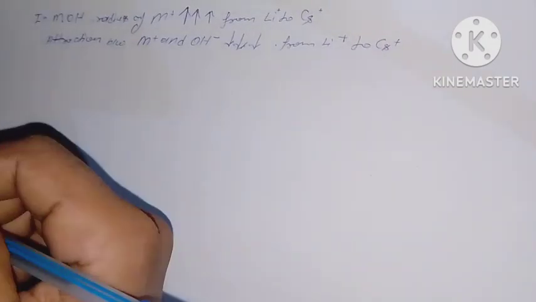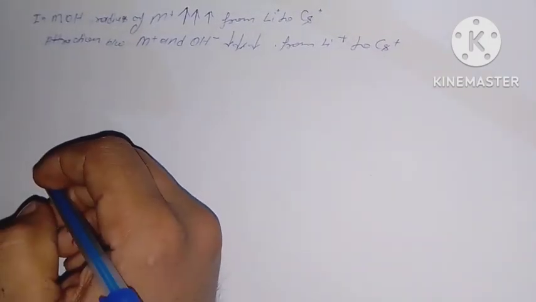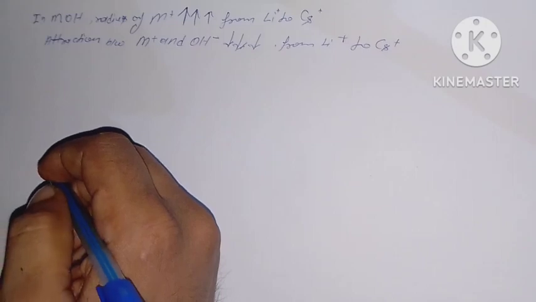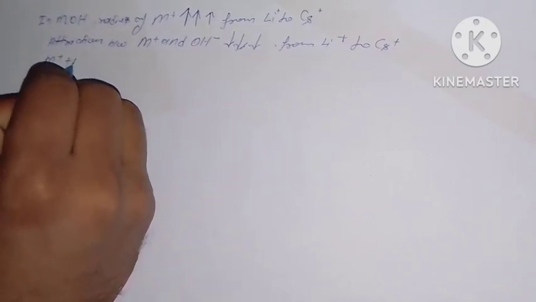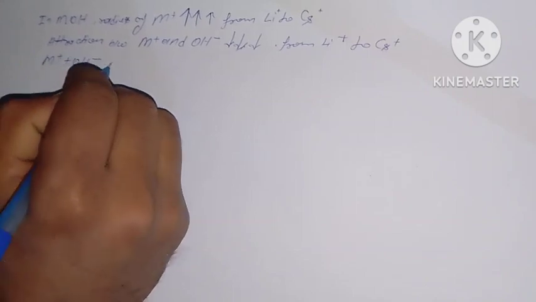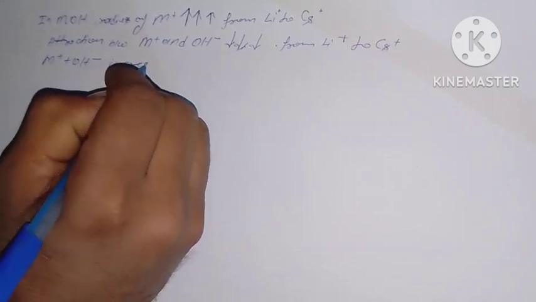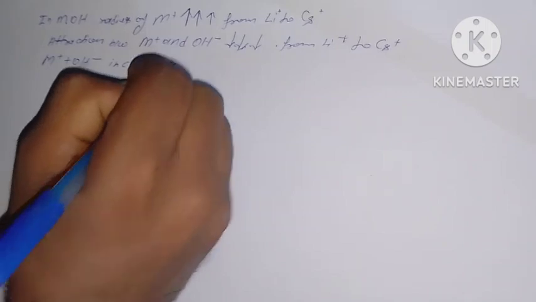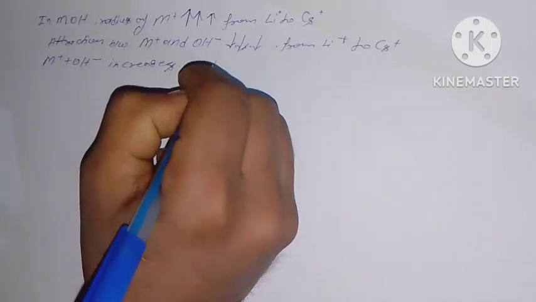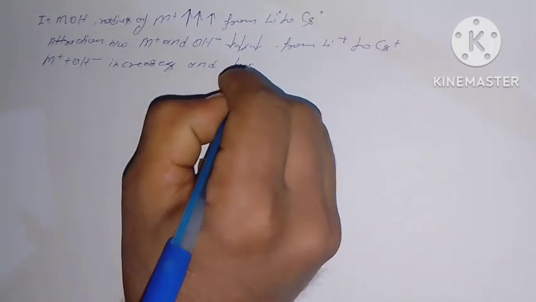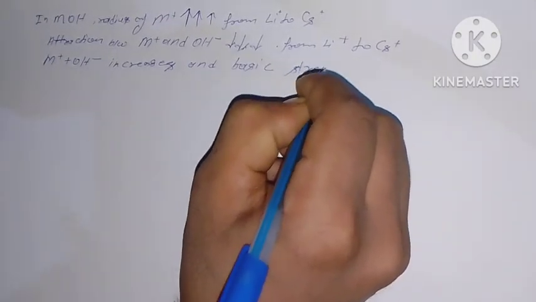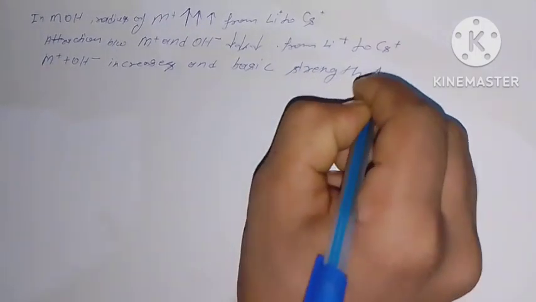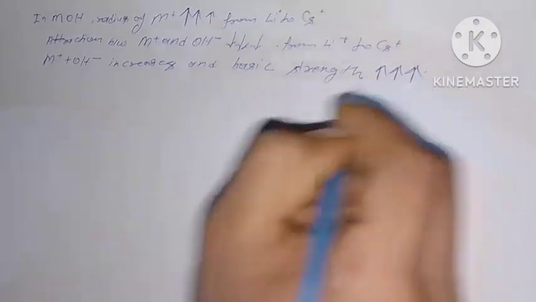Consequently, dissociation of metal hydroxides into M positive ions plus OH negative ions increases, and basic strength increases.